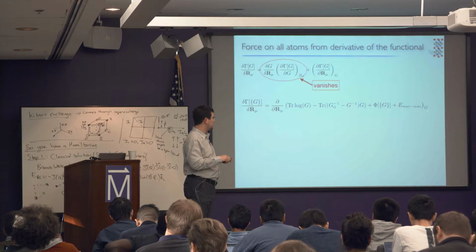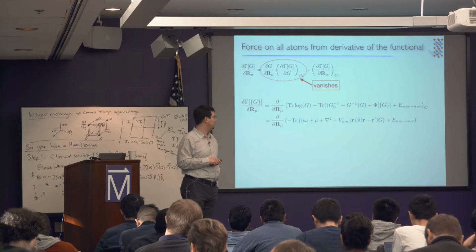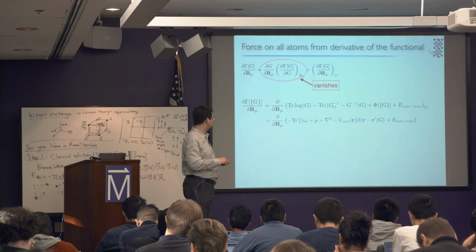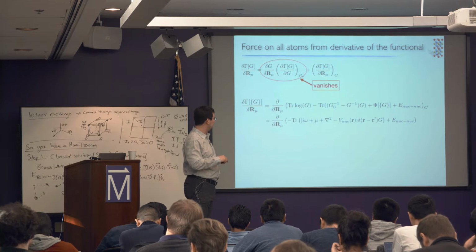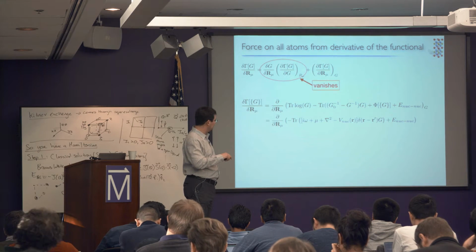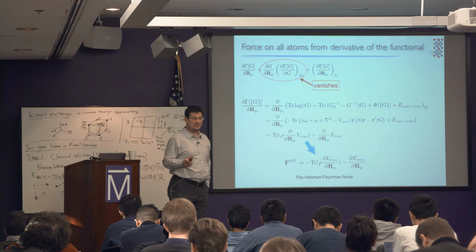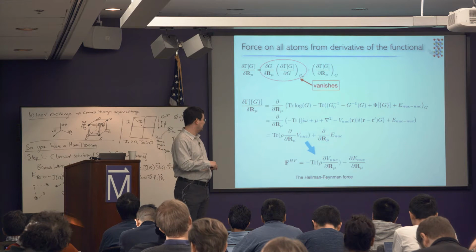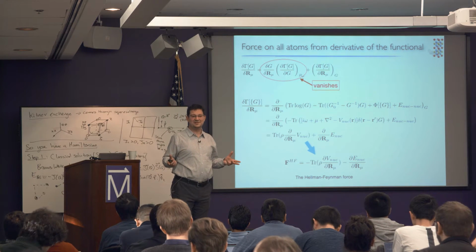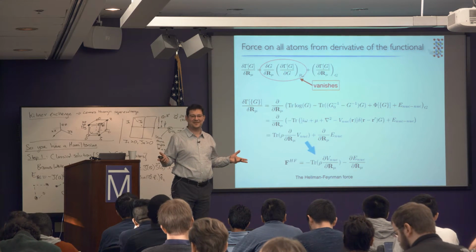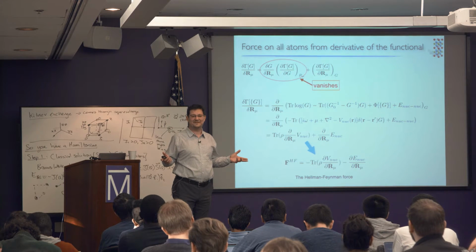So G0 depends, and E nuclear depends. That's very easy then. All you need to do is differentiate E nuclear, and then G0, which has the nuclear term, you do this, and you end up with the Hellmann-Feynman force. This is what is called the Hellmann-Feynman force. So life is really simple. Is this correct?